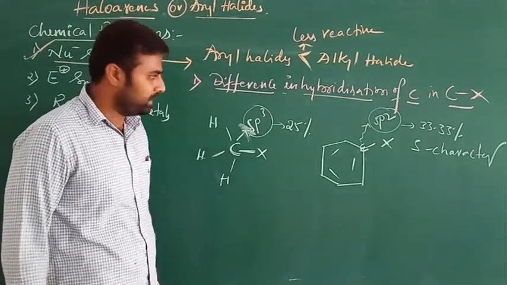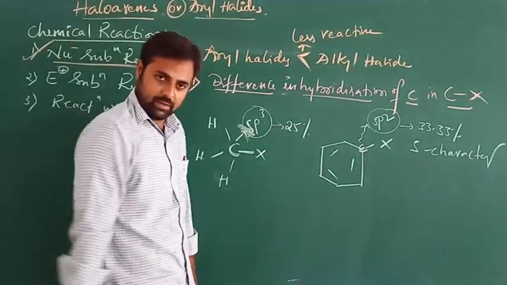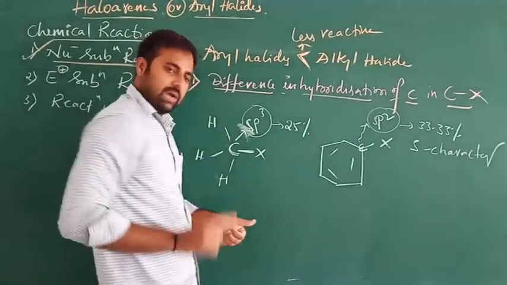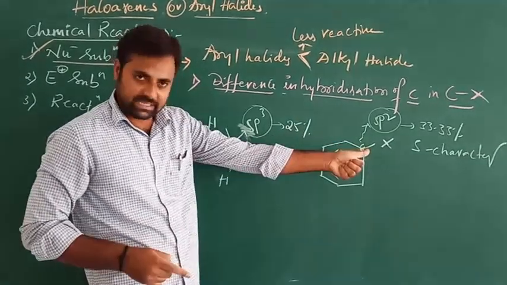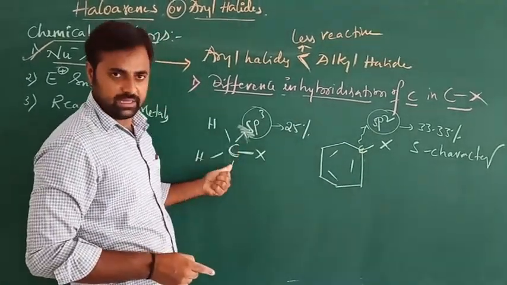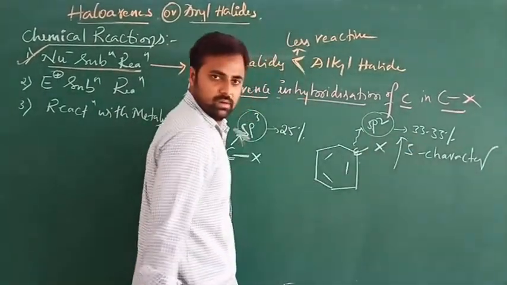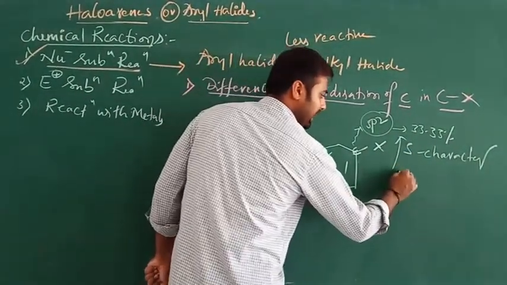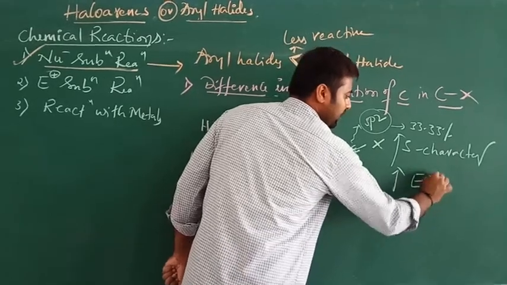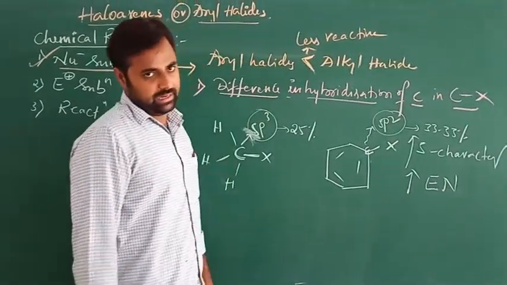character will be there. When compared to these 2 carbons, sp2 carbon has more s character when compared to this sp3 hybridized carbon, right? When s character is more, definitely the carbon has high electronegativity, right?